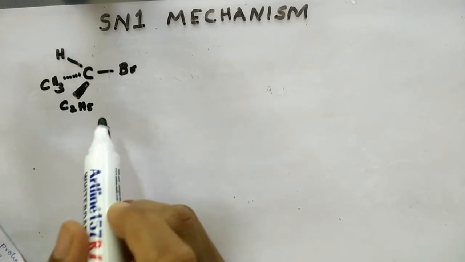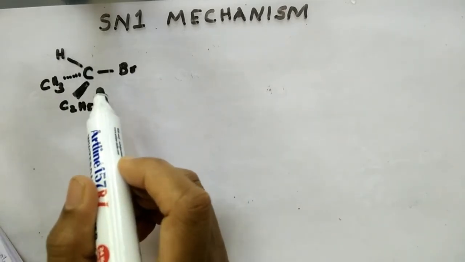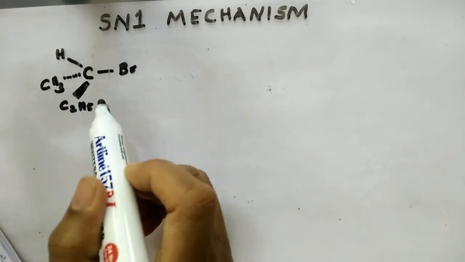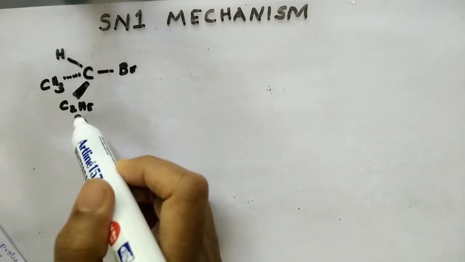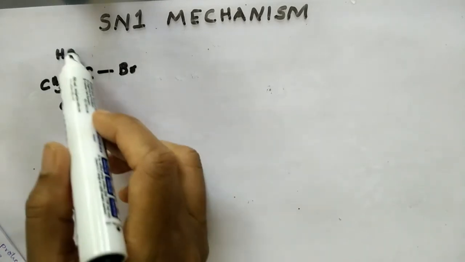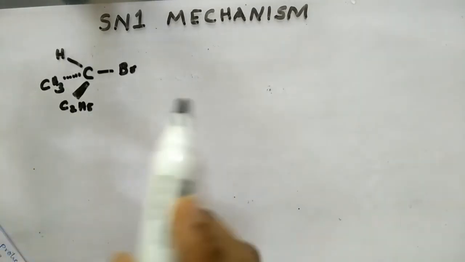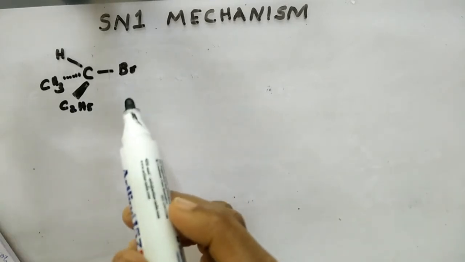This is an optically active compound because this carbon atom is an asymmetric carbon atom. That means all the substituents bonded to the carbon atom are different. Here hydrogen, methyl group, ethyl group and bromine are there. All the four are different. So this carbon atom is called an asymmetric center or asymmetric carbon atom.